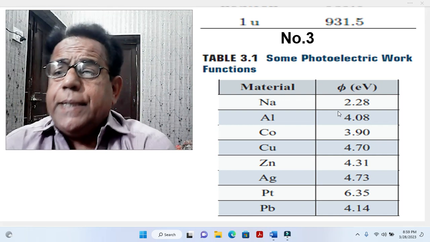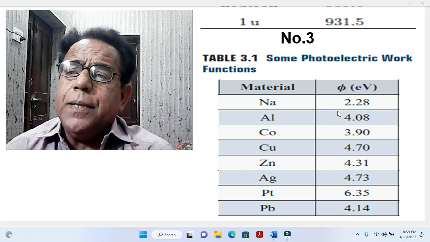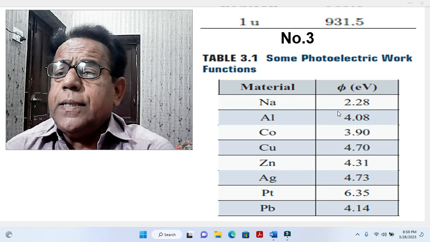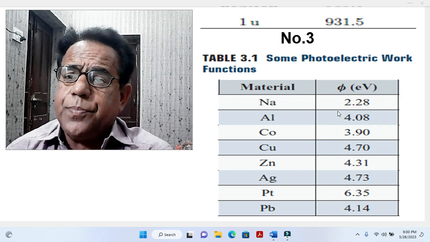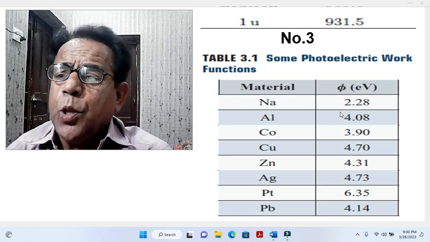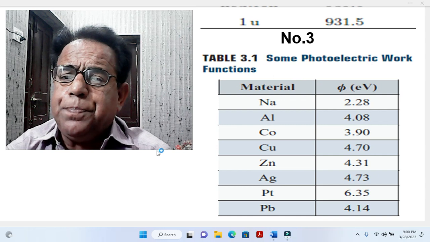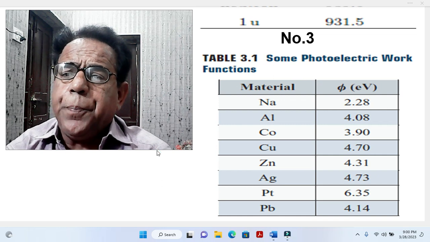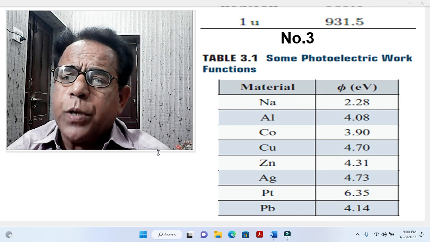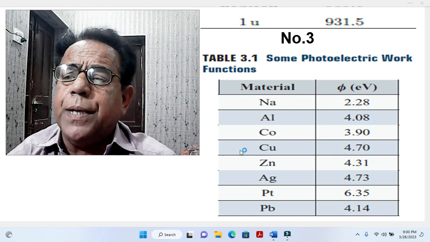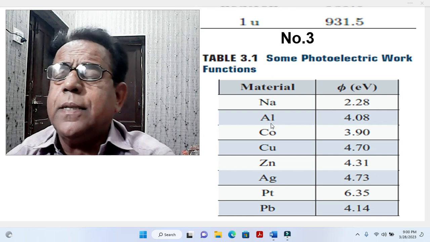In tool number 3, this tool has again been used several times in our previous problems. In this tool we are concerned with the value of aluminum, in the second row.